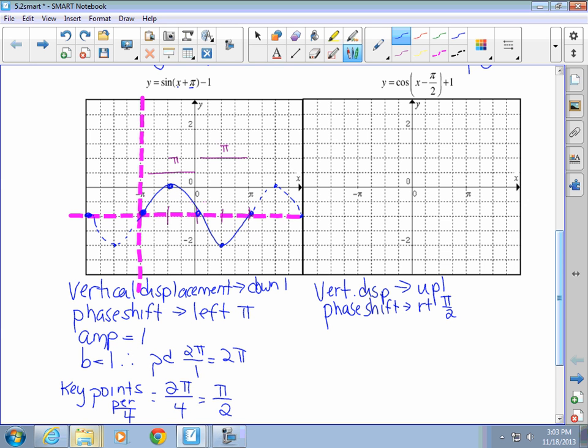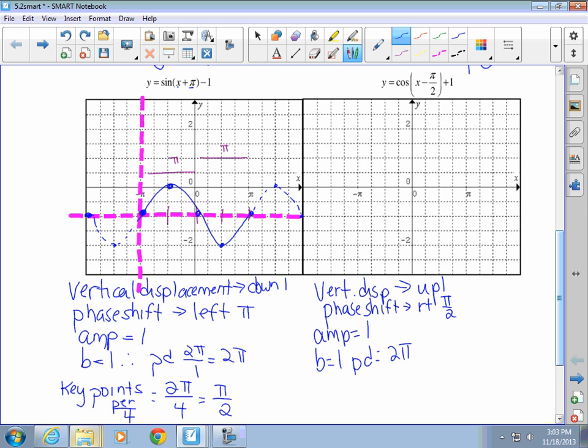And then if I look at my amplitude, my A value is just equal to 1, so it's just going to be that normal 1 unit above, 1 unit below. Excuse me, my B value is equal to 1, which means that my period is going to be 2 pi.